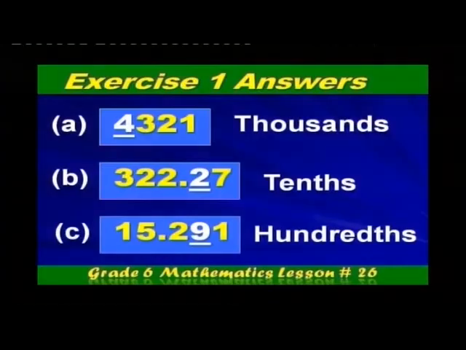Let's go through our answers for 1A, B, and C. 4, place value is thousands. B, place value of 2 is tens. And last one, place value of 9 is hundreds.